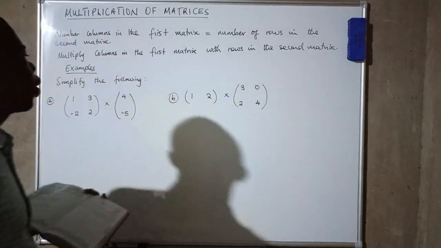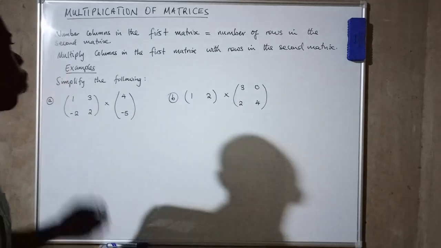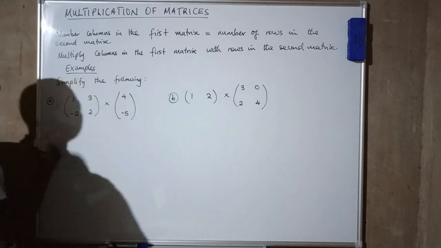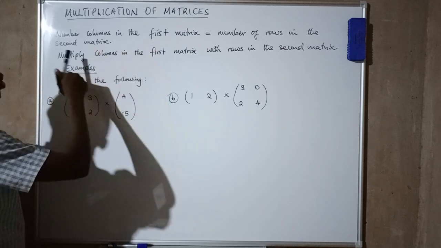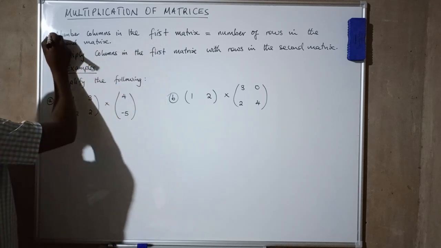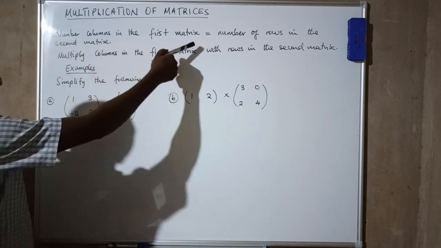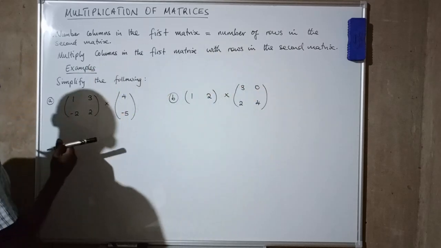Let's first look at these so that we see how we can implement this. Before we do the multiplication, does this satisfy the condition that the number of columns in the first matrix is equal to the number of rows in the second matrix?